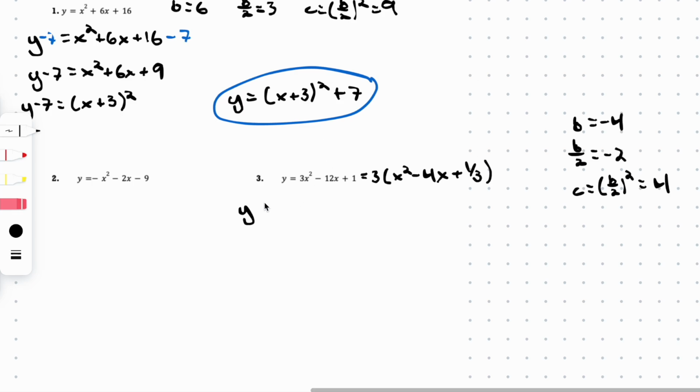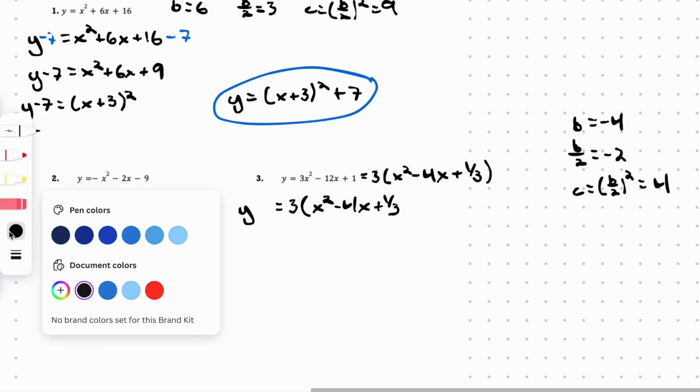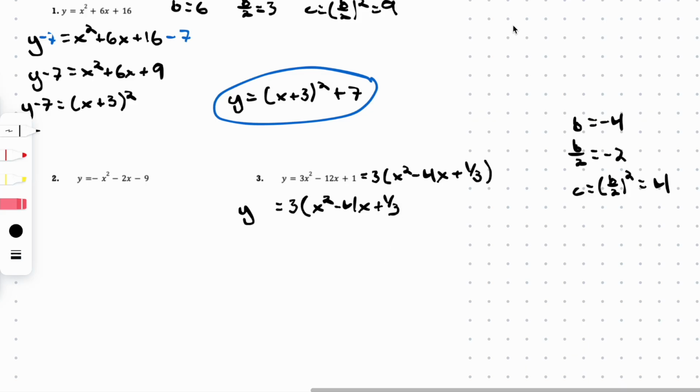So we have y equals 3 times x squared minus 4x plus 1/3. Now, what do we have to add? Maybe we do this out. Let's say g. G wasn't the best choice, but it doesn't matter.